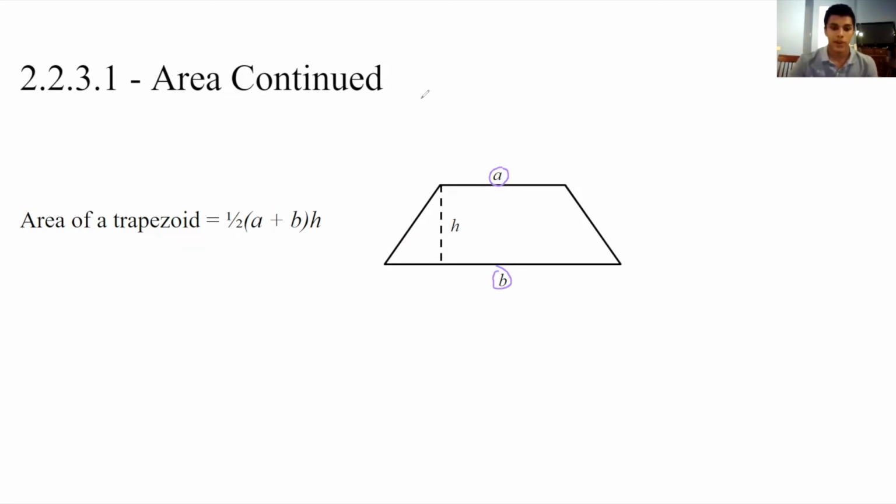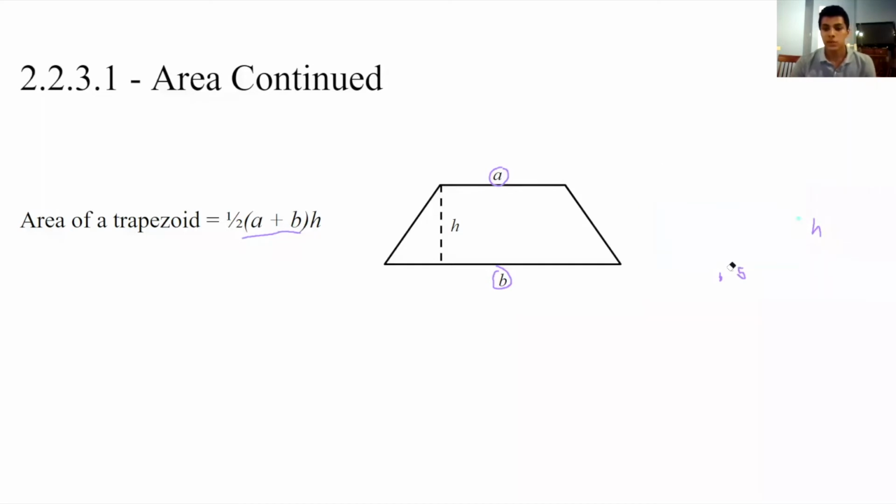Now, if you have a rectangle, say, like this, you do have 2 bases, but the reason we just multiply B times H is because if, say, this base was 5, the top one, then that means that the bottom one would automatically also be 5 because opposite sides of rectangles are equal. But with a trapezoid, opposite sides are not equal, and we have to take that into account in this formula.